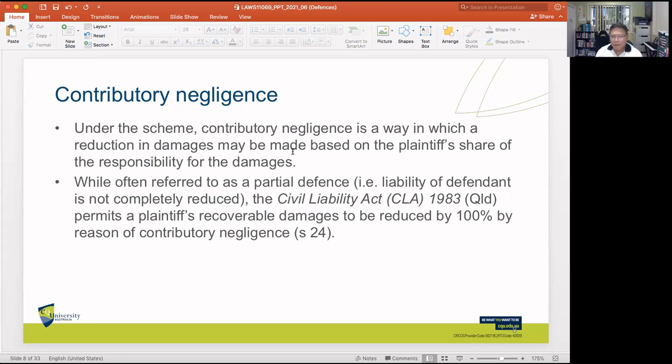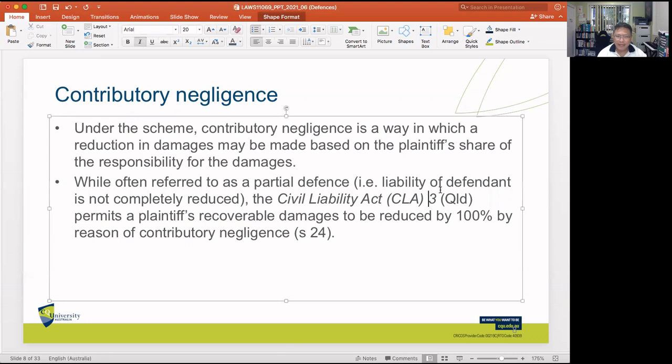What is important to remember, however, is that under Section 24 of the Civil Liability Act 2003, Queensland, it actually permits the court to reduce the liability of the defendant if the negligence of the plaintiff could be shown to be 100% responsible for the ultimate harm.